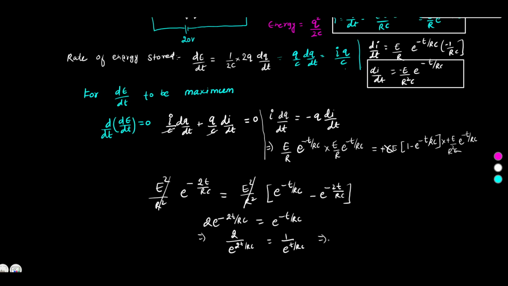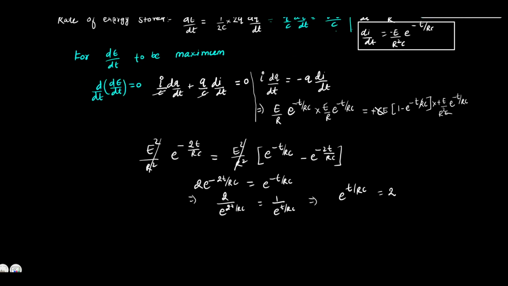So we get e raised to the power t by RC equals 2. Taking ln on both sides, t by RC equals ln 2. So t equals RC ln 2. This is the time when the rate of energy stored in the capacitor is maximum.